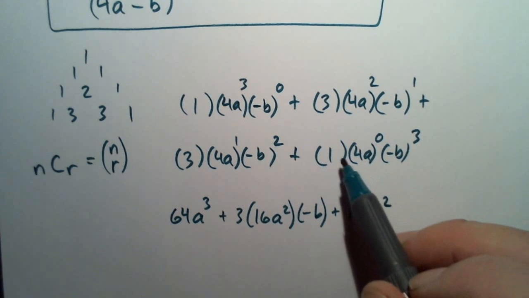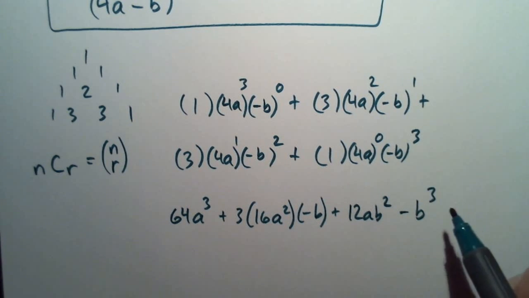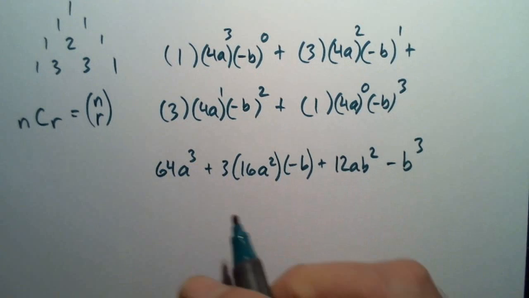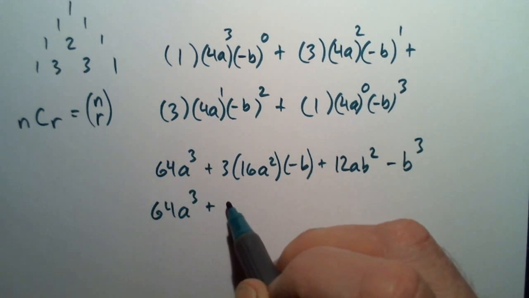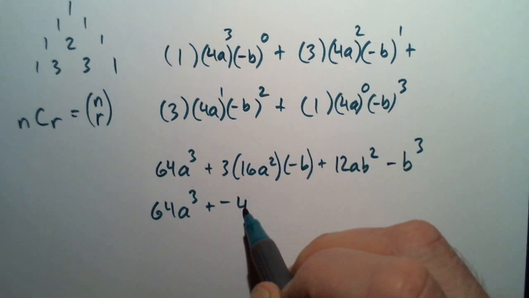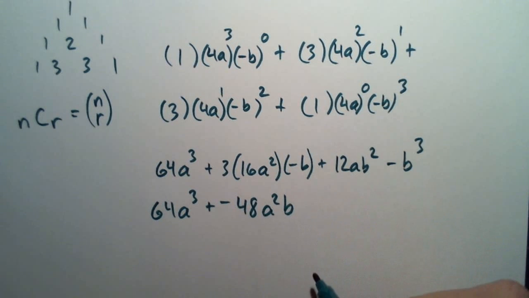And here we have a 1 times 1, and that'll be negative b cubed. Minus negative 48 a squared b.